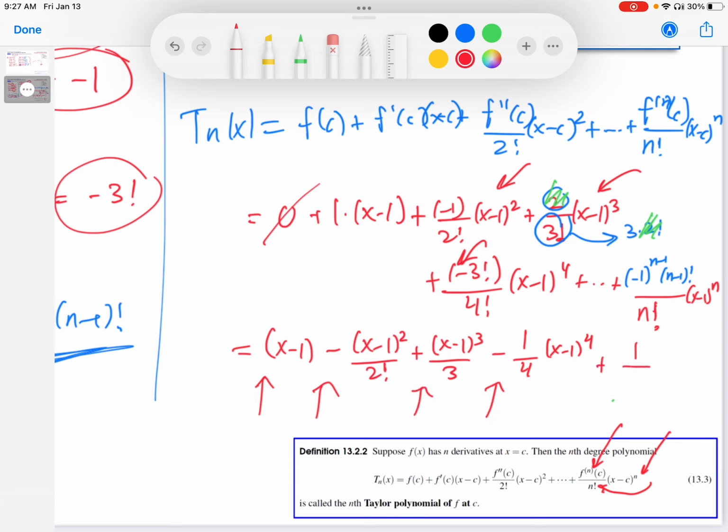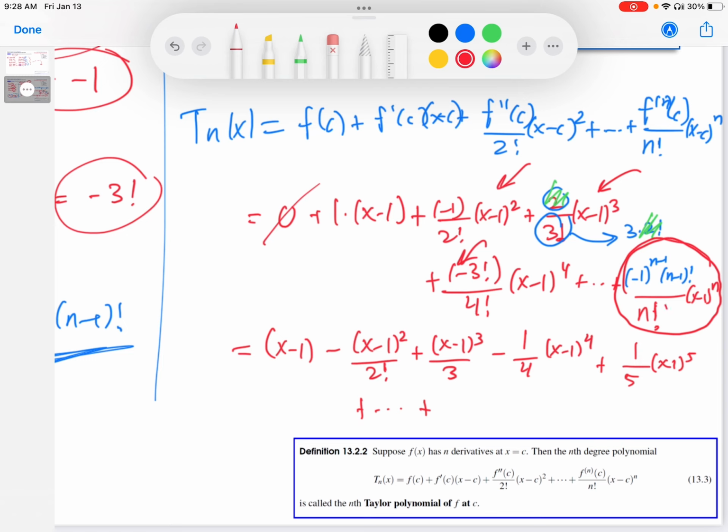I'm going to put a 1 in the numerator. This would have been 5 factorial, x minus 1 to the 5th, but like we just said a minute ago, we remove the factorial from the denominator. Okay, and that is the pattern that ln of x, its Taylor polynomial at c equals 1, follows. And then if we keep going here, plus, dot, dot, dot, plus, what's the last term over here on the right-hand side?